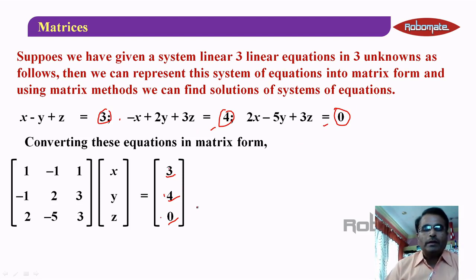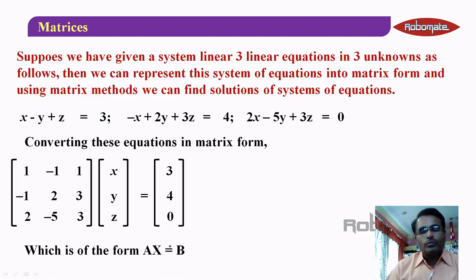So this matrix is called matrix A, this is called matrix X, and this is called matrix B. Therefore you have got the matrix form, that is AX is equal to B. So this form is called the matrix form AX equal to B.